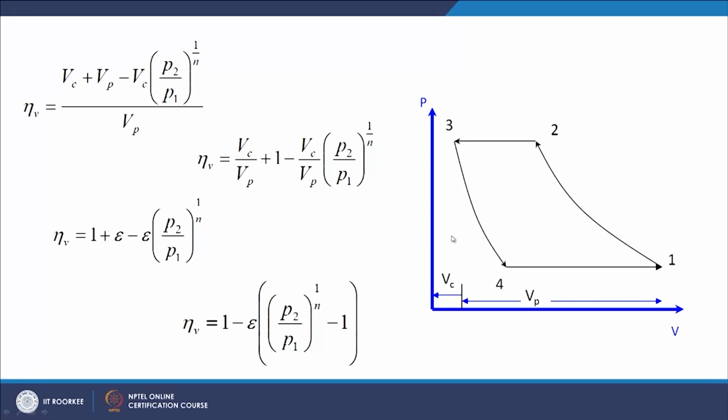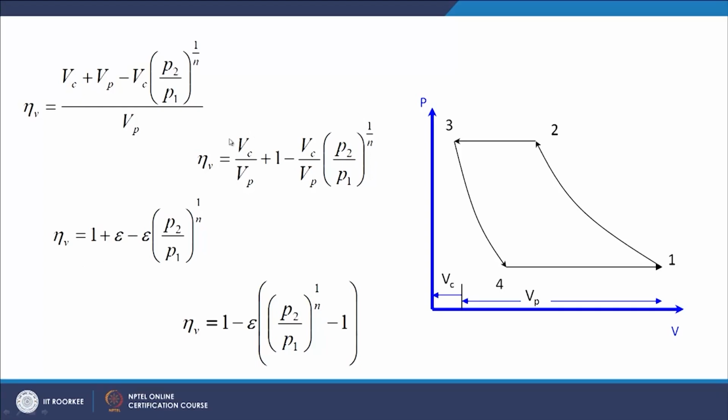The index of compression from state 1 to state 2 is n, and we have assumed that the index of expansion is also n, however it may be different. So this is the expression for V1 minus V4, and the expression for V1 minus V3 is Vp only. Now if we simplify this, we will get Vc by Vp plus (1 minus Vc by Vp) (P2 by P1) raised to power 1 by n.